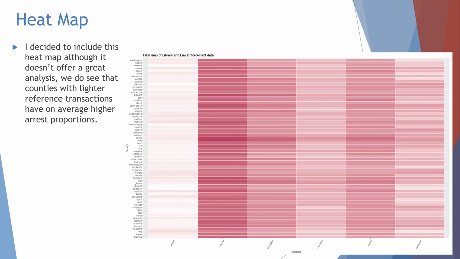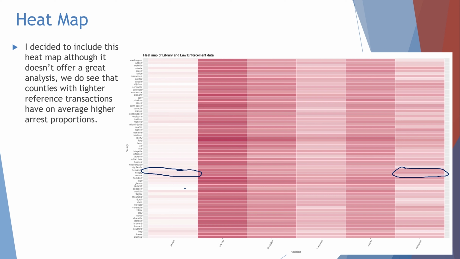This is the heat map, and I included it because I thought it was very interesting. I can follow the data points over and across and see, oh, this one had a lot of reference transactions. I'm looking at this point right here. And if we follow it across, it has a higher than usual amount of arrests compared to the rest of them.